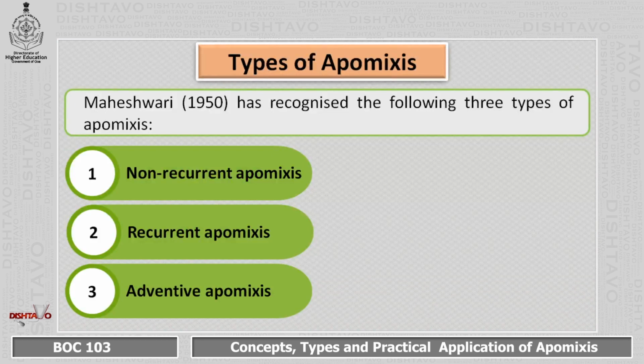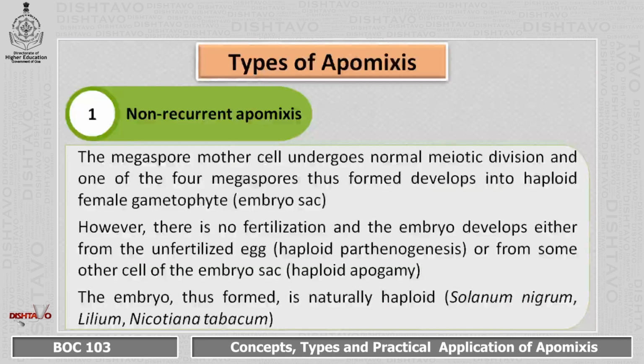Maheshwari has recognized the following three types of apomixis: non-recurrent apomixis, recurrent apomixis, adventive apomixis. Non-recurrent apomixis. The megaspore mother cell undergoes normal meiotic division, and one of the four megaspores thus formed develops into haploid female gametophyte.